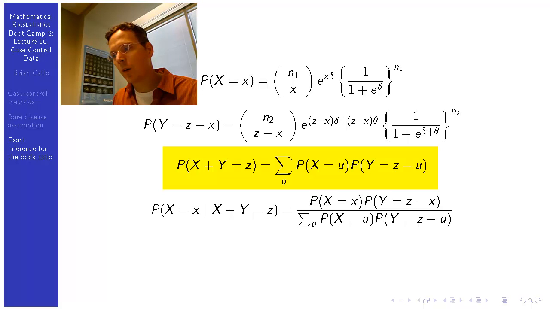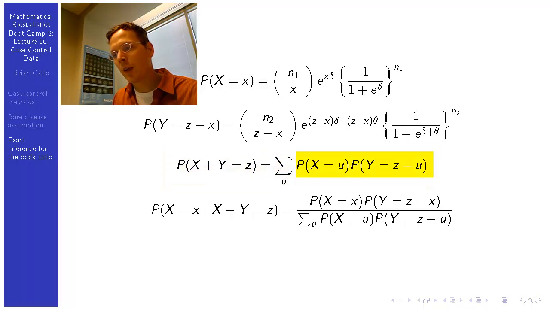Let's suppose that we decompose z into u and z minus u. U parts going into x and z minus u parts going into y, then that probability would be this product right here. Probably x is u and y is z minus u.